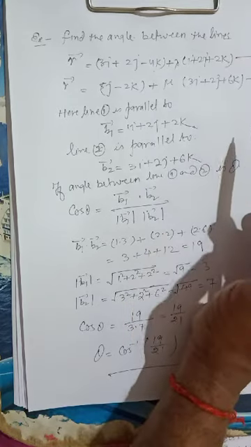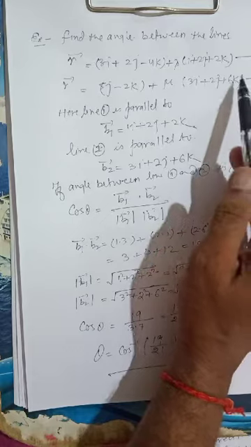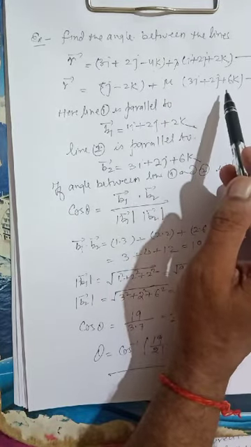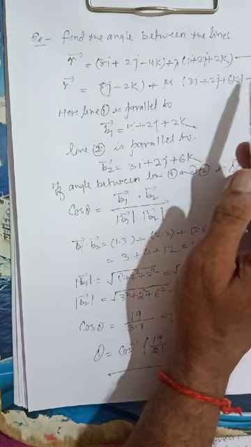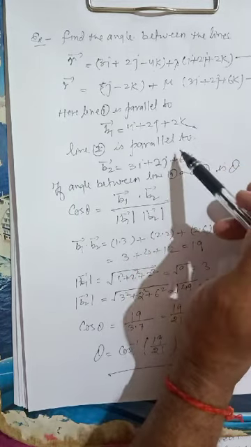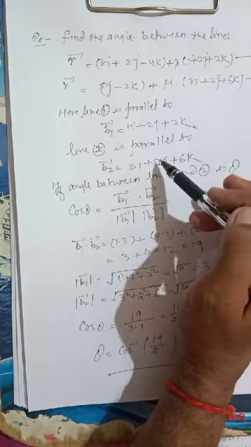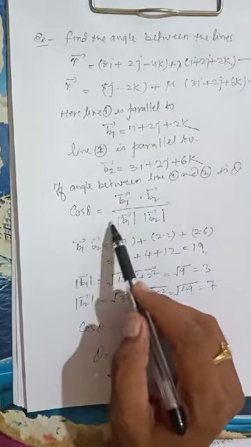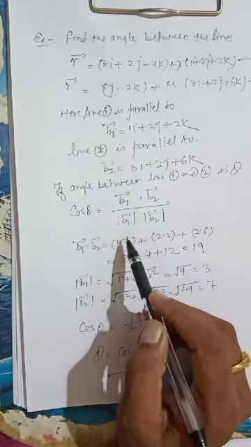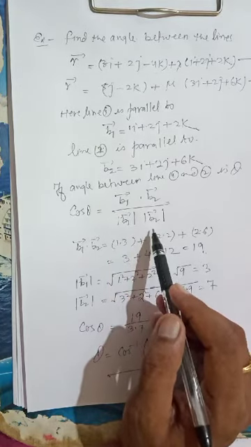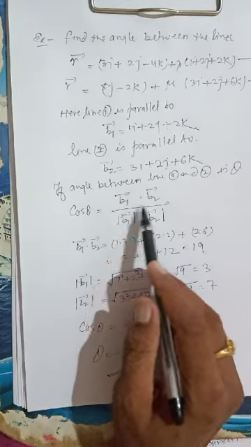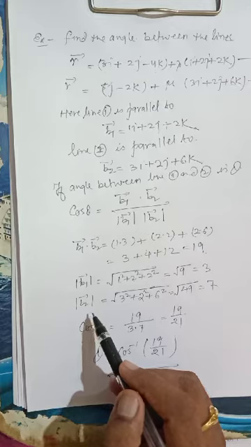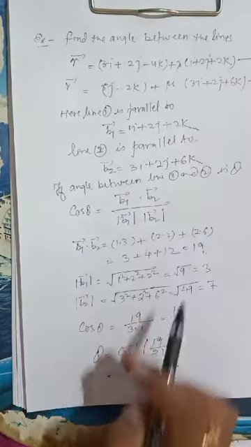Then use the result: the angle between lines 1 and 2 is defined by cos theta equal to b1 vector dot b2 vector upon mod b1 and mod b2. Clear? So you find first b1 dot b2, then modulus of b1 and modulus of b2, put these values in this equation and you get the result.